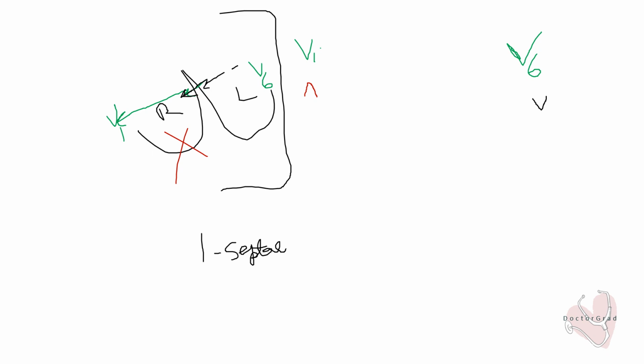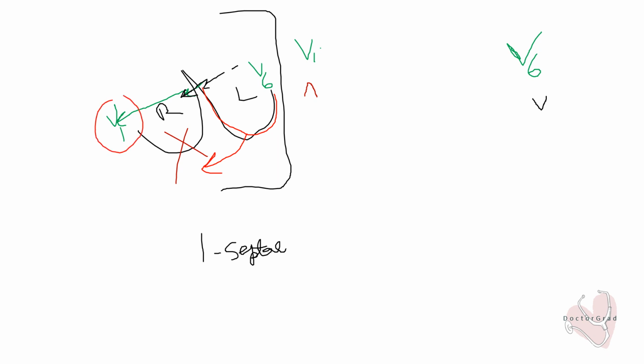Now, the musculature, the right side and the left side. Since the right bundle is blocked, the current will definitely go through the left side, right? It has to go through the left side and then come from there to here, because it cannot pass normally through the right bundle. So the left ventricle has to get depolarized first and then the deflection should come here.